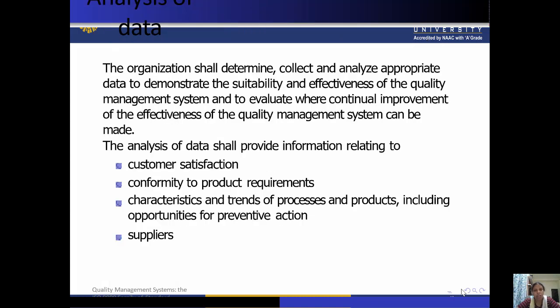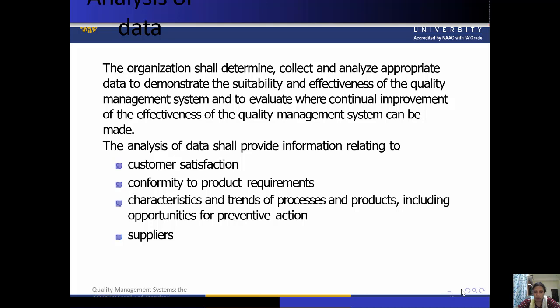Analysis of data. The organization shall determine, collect and analyze the appropriate data to demonstrate the suitability and effectiveness of the quality management system, and to evaluate where continual improvement of the effectiveness of the quality management system can be made.